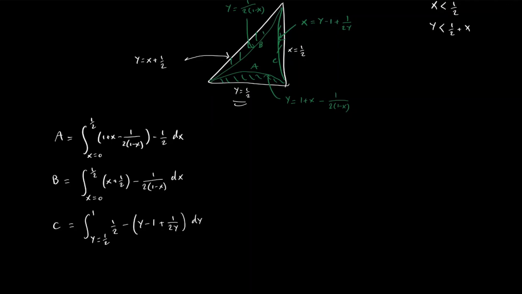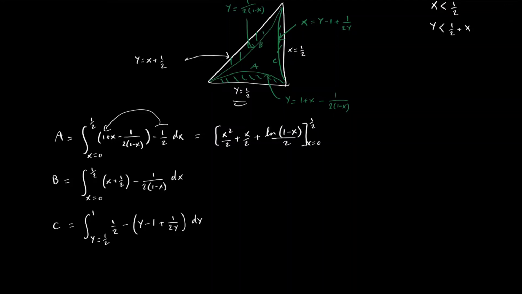So for the integral A, what we're going to do is first subtract the 1/2 to the 1 that we have here. And we have the function x squared over 2 plus x over 2 plus logarithm of 1 minus x divided by 2. And this function is evaluated in x equal to 0 and 1/2.